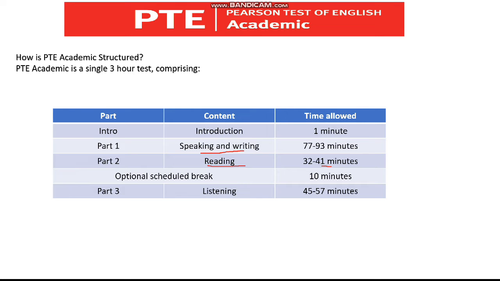After completing your reading you will get an optional break of 10 minutes. It's your choice whether you want to take this break or not, but I recommend you take this break to refresh yourself. And the third part is listening, which is 45 to 57 minutes. So these are the 3 main parts of PTE you will get in your exam.